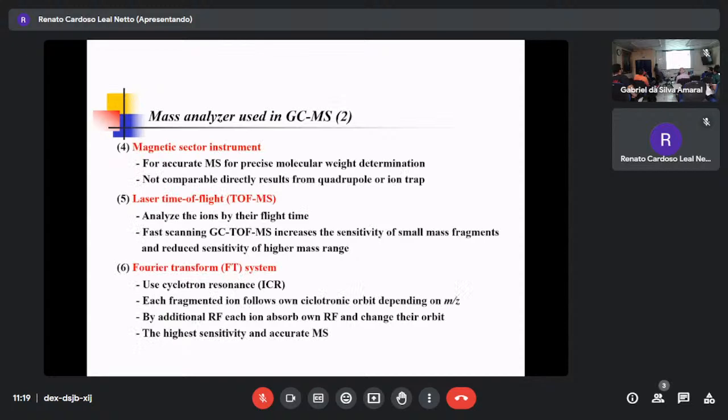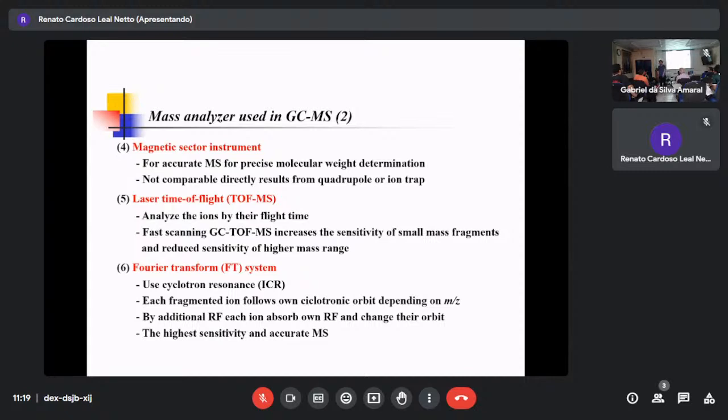And the magnetic sector instrument, this one is also quite an expensive machine we are using. And laser time of flight. What's the time of flight? Depending on the ion, the heavier one is further, and the light one, when you throw the stone, of course it's the opposite.